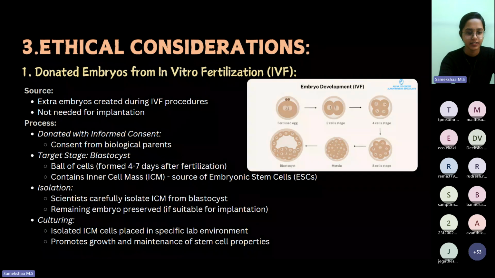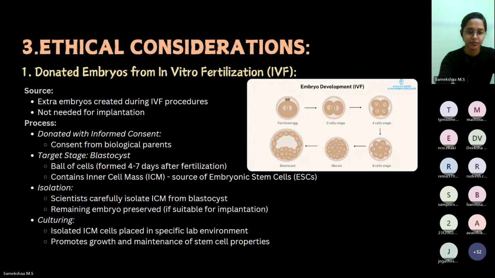Any ideas? ICM, inner cell mass. Yeah, that's right. But from where do we get that ICM? It is present in an embryo, right? Extracting the cells from where? From an embryo?